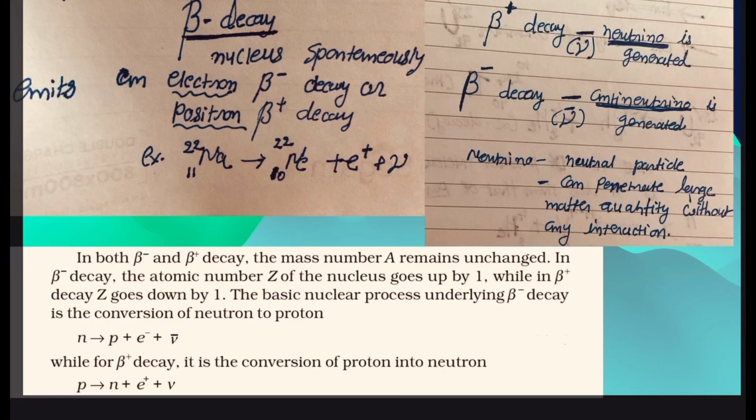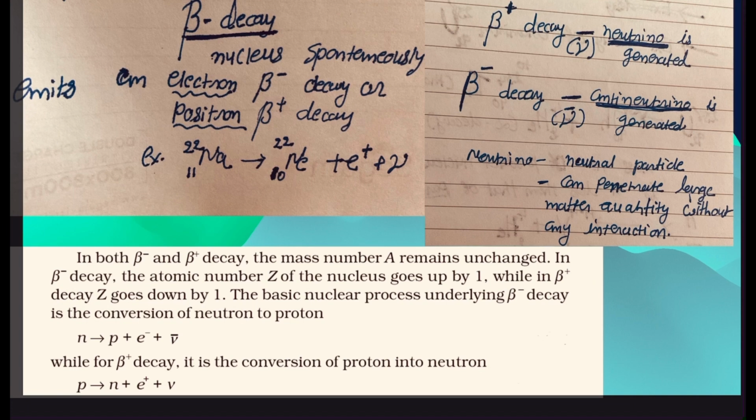Now coming towards beta decay, in which a nucleus spontaneously emits either an electron or a positron. In beta plus decay, a neutrino is generated, and in beta minus decay, an antineutrino is generated. A neutrino is a neutral particle and can penetrate large quantities of matter without any interaction. In both beta minus and beta plus decay, the mass number A remains unchanged.